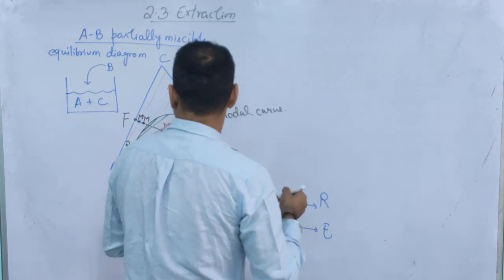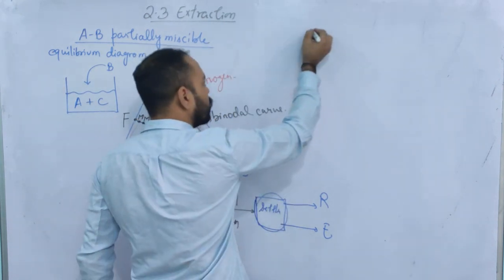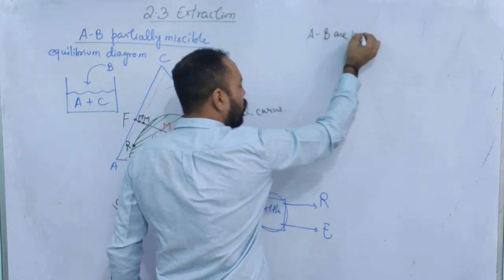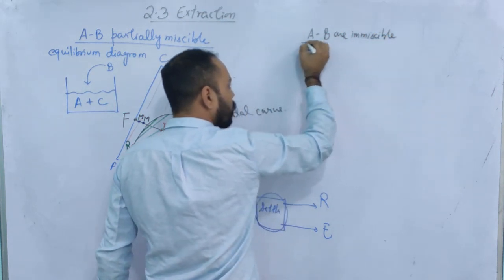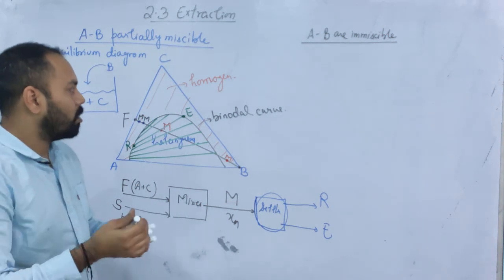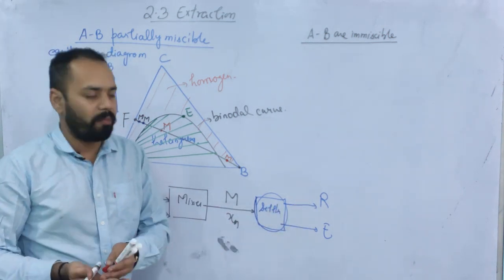Suppose A, B are immiscible. So when A, B are immiscible, definitely each phase, raffinate as well as extract, is going to contain only two components.